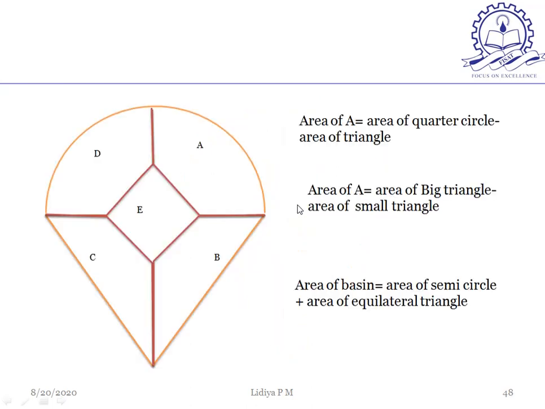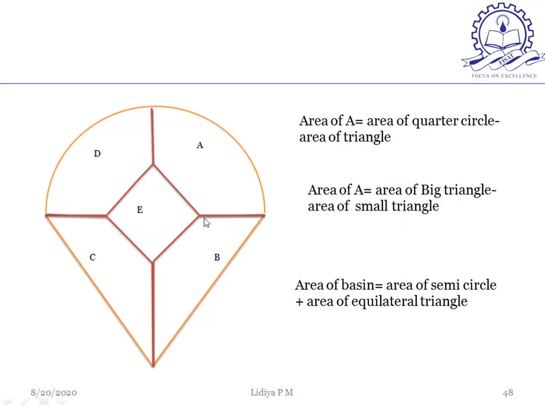So you can see this is the area under A, this is the area under B, area under C, and area under D. Next step, you have to find out each area. Area of A is equal to area of the quarter circle minus area of this triangle.